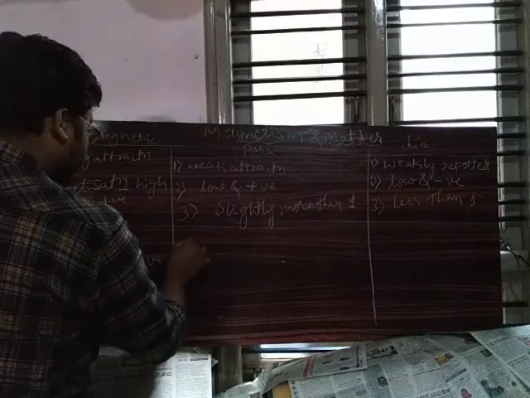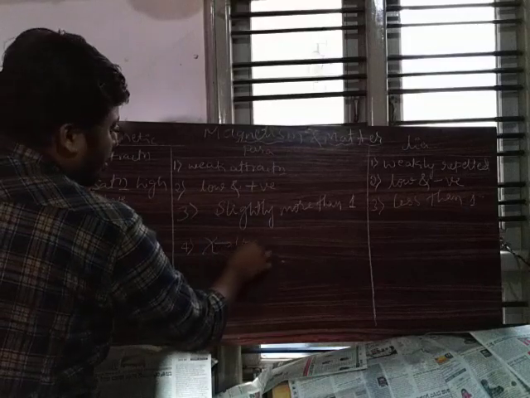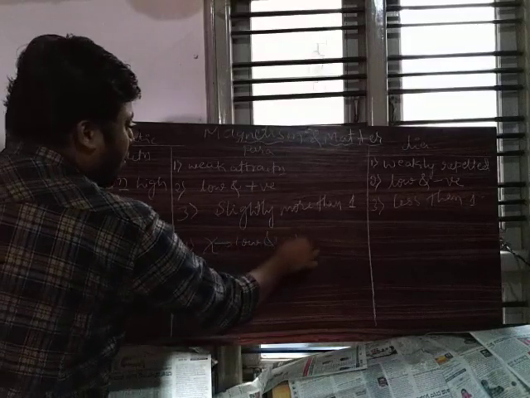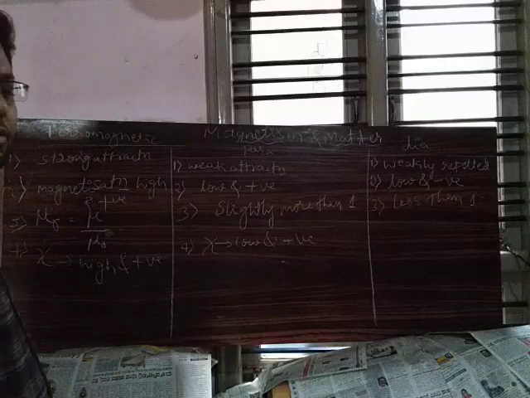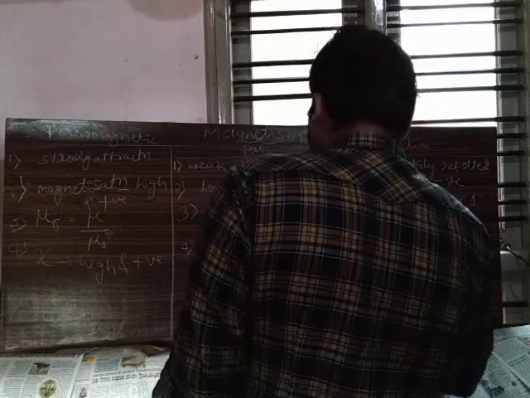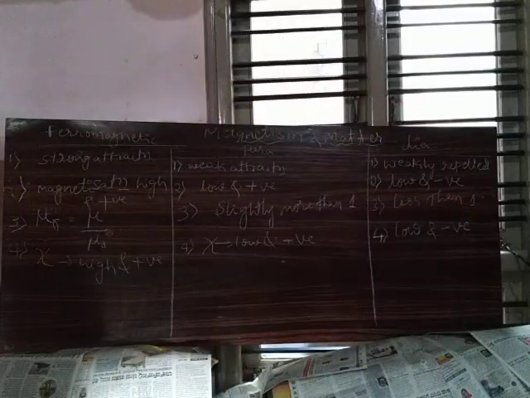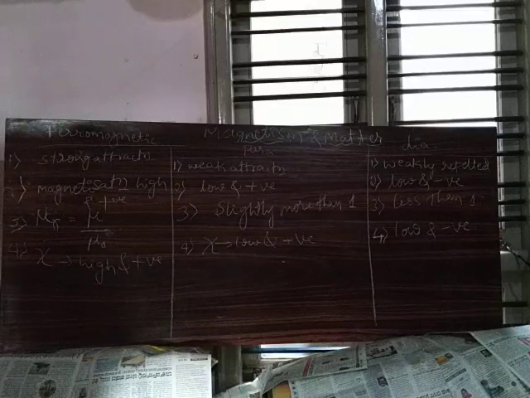Here the susceptibility is low and positive, and here susceptibility is low and negative. In case of diamagnetic, susceptibility is low and negative, right?